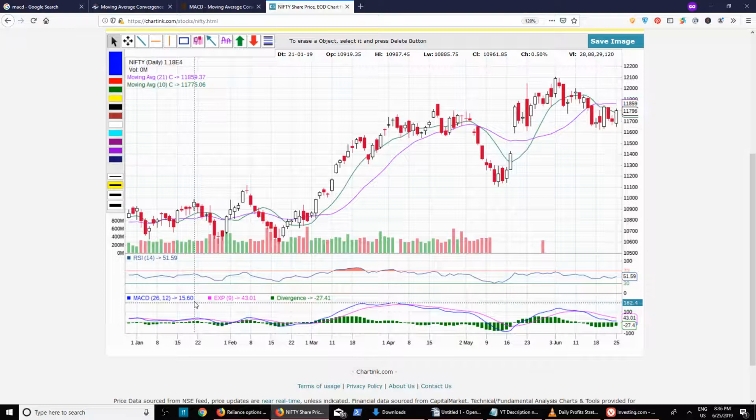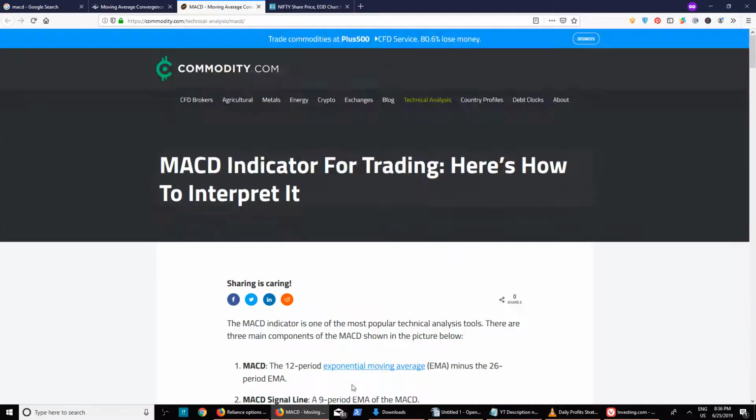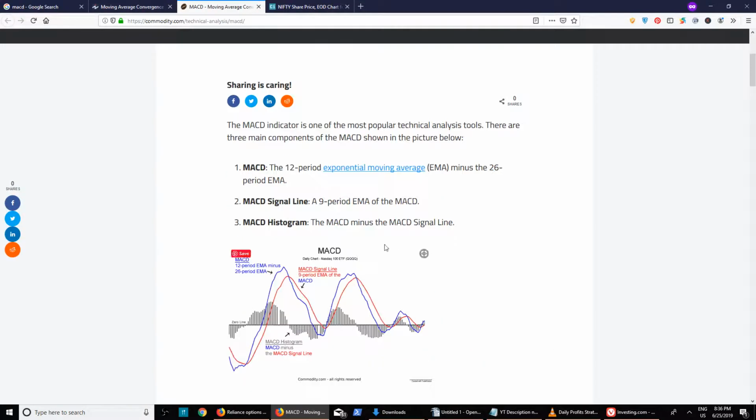This one value comes when, from the 12 period exponential moving average, we deduct the 26 period EMA. So basically, the 12 period exponential moving average minus the 26 period EMA.